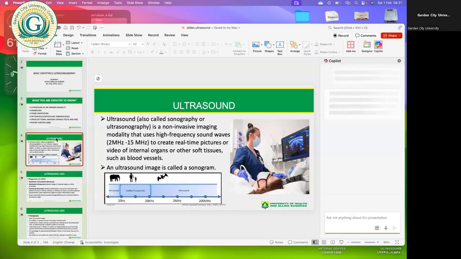That particular material produces the sound after receiving the electrical energy that you have connected the machine to. So after producing, the sound waves are of very high frequency. Medically, the frequency that we use for ultrasound practices for diagnostic purposes, although we have some for therapeutic purposes. For the benefit of this class, we will be dealing with the diagnostic purpose. We use between 2 to 15 megahertz.